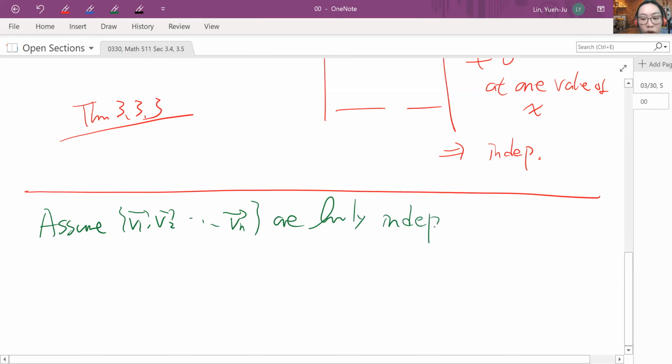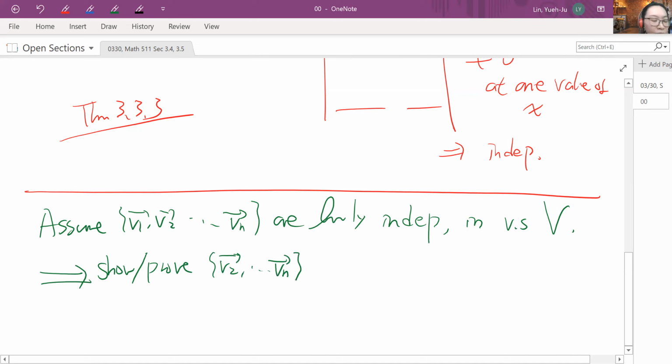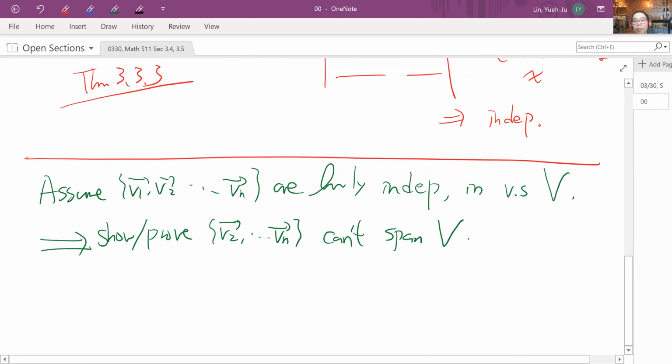This is what we know to start with, and it's linear independent in the vector space V. We want to prove that if we only take some of them, say V2 to Vn, it can't span the whole V. So I have an assumption to start with, and I want to prove my conclusion.